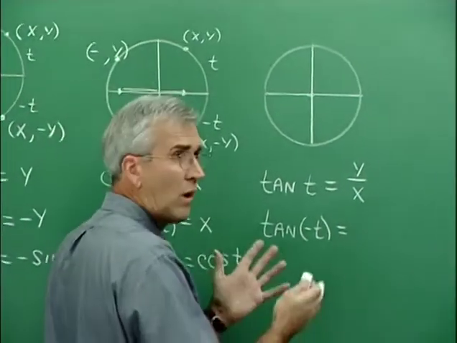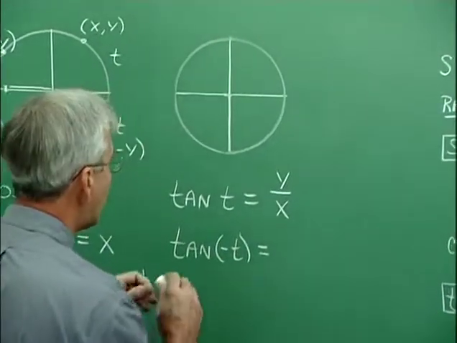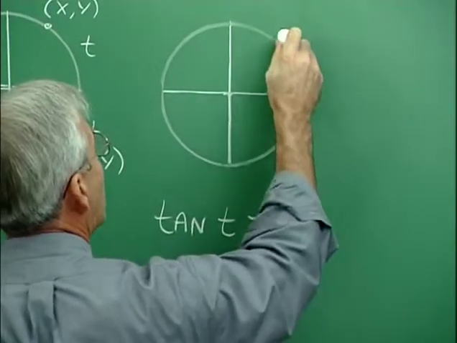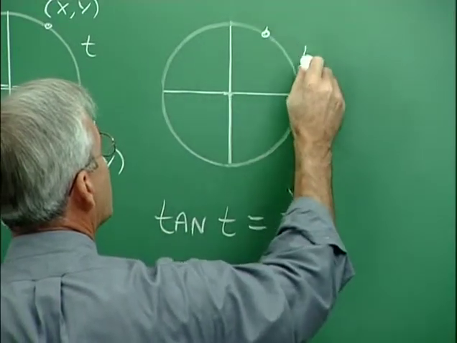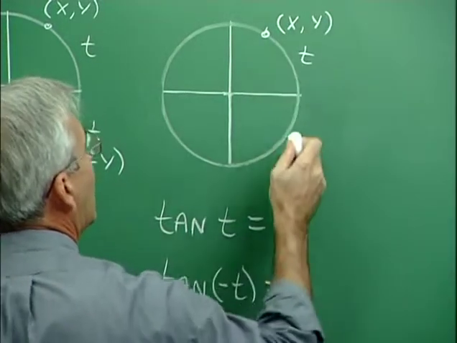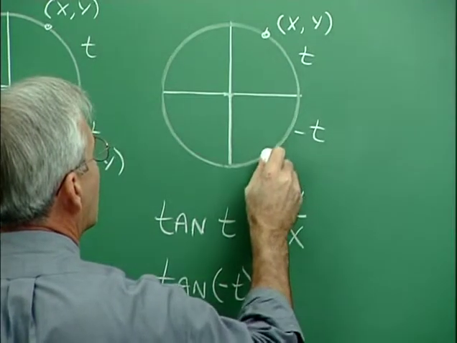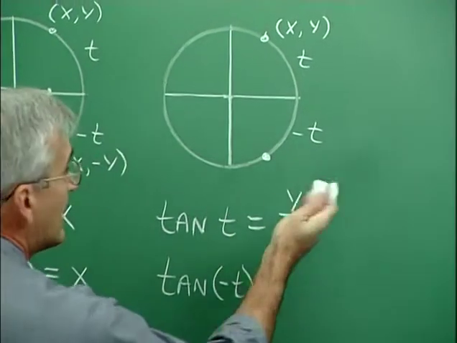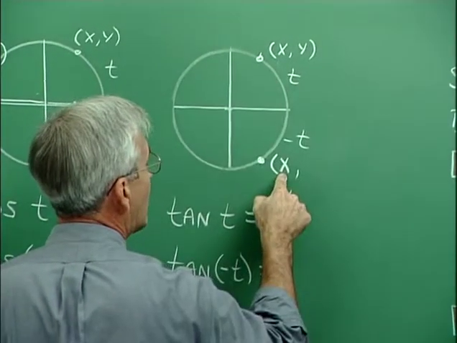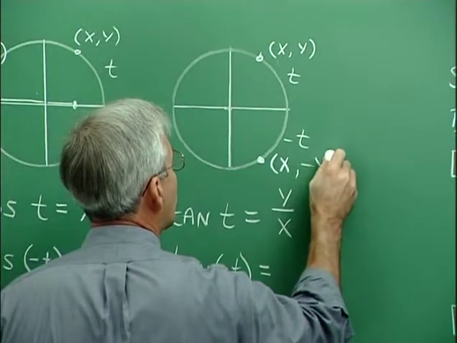Well, maybe this isn't quite as easy to evaluate as sine and cosine, but let's take a shot at it. The tangent of t is y over x, and once again we have a t distance here, associated with an xy pair. In the other direction it's the negative t, and again it's an xy pair. This time it's the same horizontal component, but the vertical component is the negative of that y upstairs.